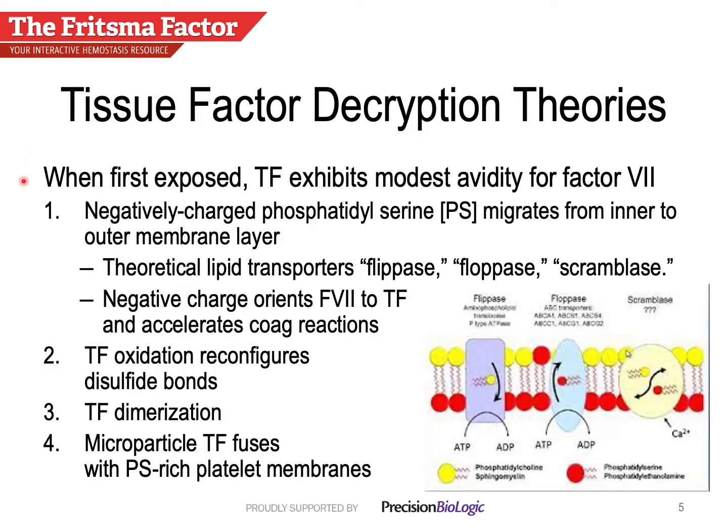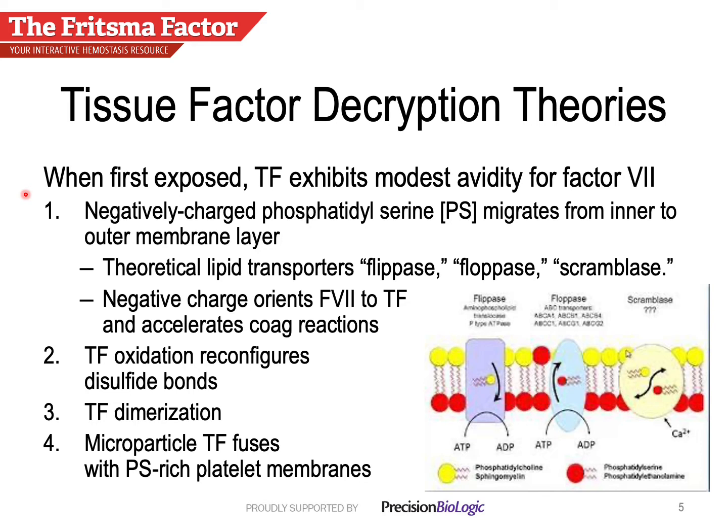While we think only of tissue factor exposure in injury, we've learned that tissue factor has modest avidity for factor 7 until it is decrypted. 4 proposed mechanisms are shown on this slide.